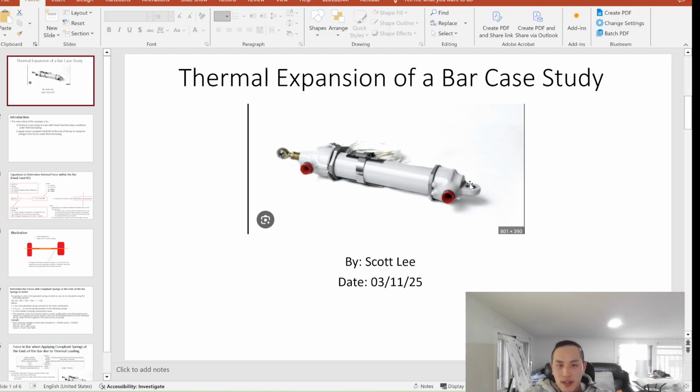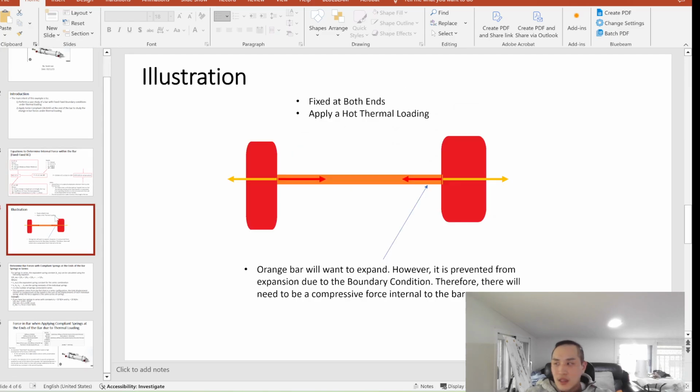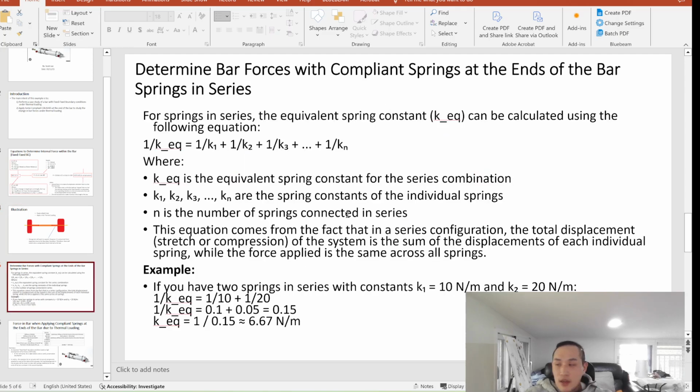It's not a fully fixed system, right? This full fixity is just an idealization, and it's just to give us a sense of what the numbers would be for this very conservative idealization. But in reality, as I mentioned, typically the boundary conditions are compliant.